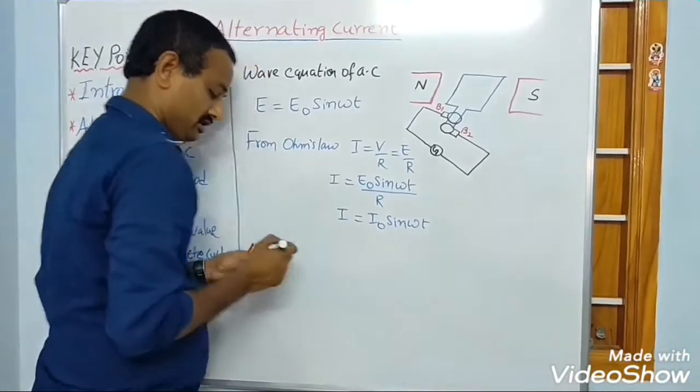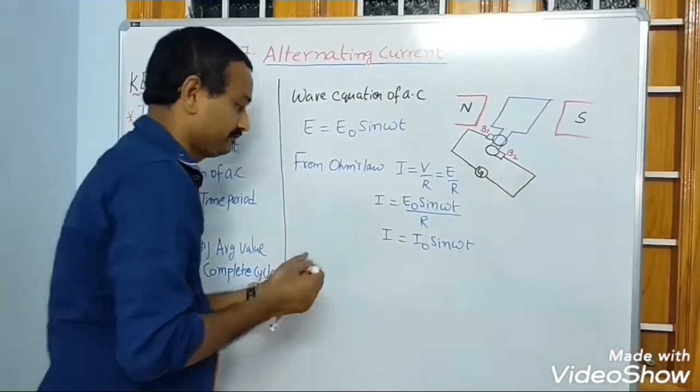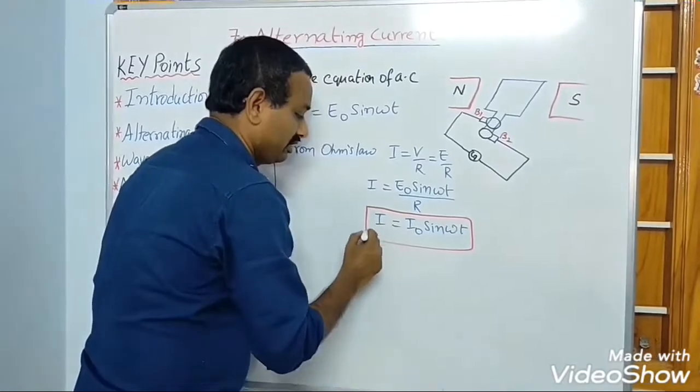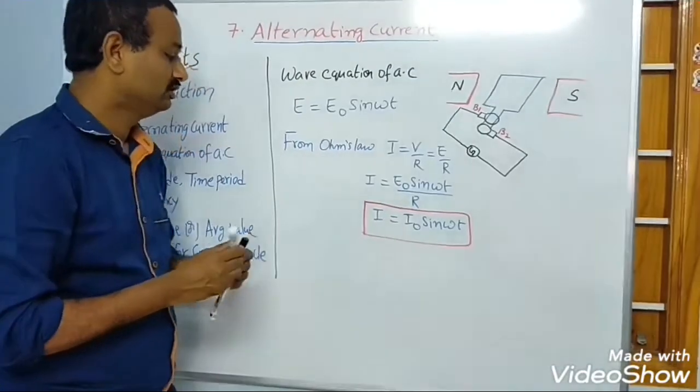So we got the wave equation of AC, that is I equal to I naught sin omega t.